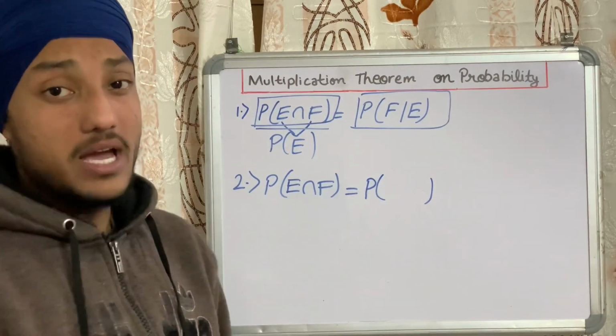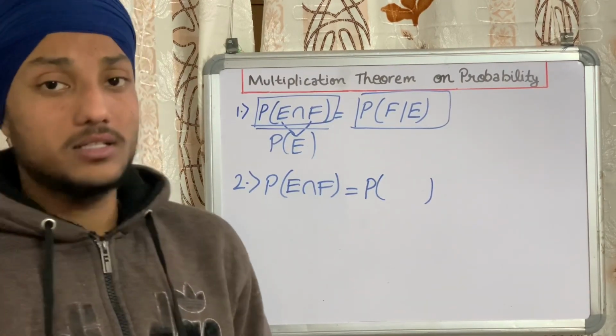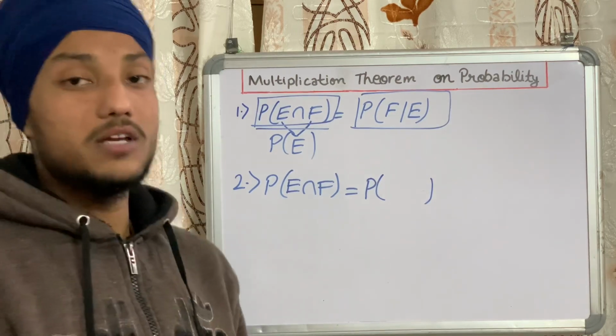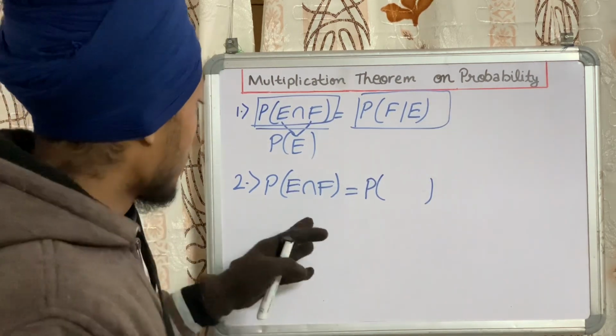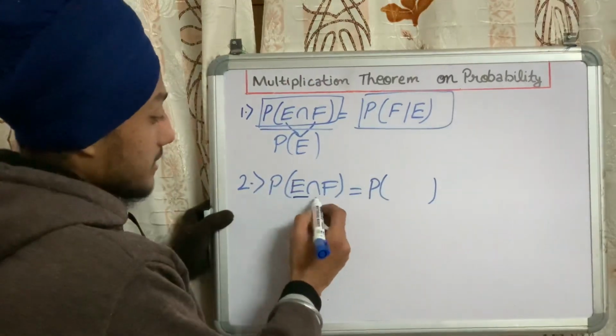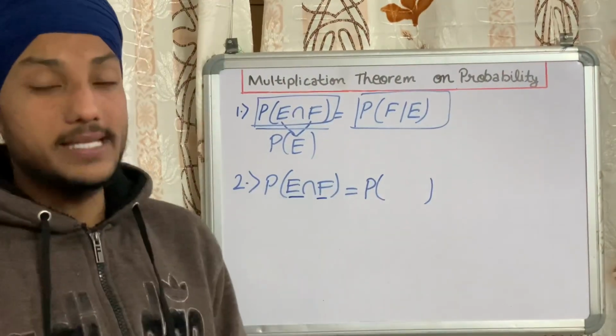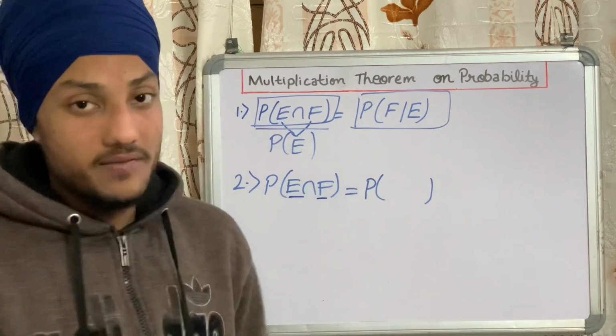First we have to know that if one event has happened, then another event should happen. So we have to find the events such that the conditions are satisfied. Both E and F should happen.